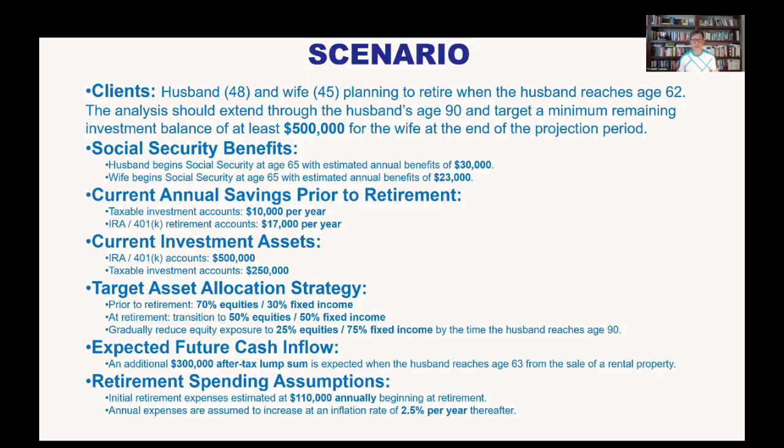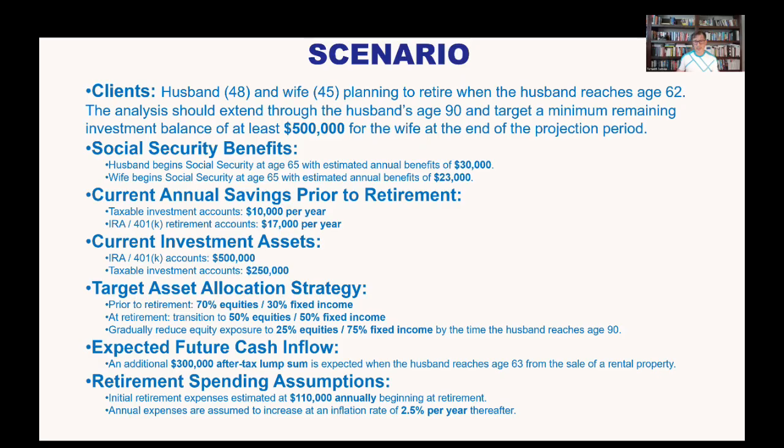And they're doing 17K per year into IRA 401K type accounts. Again, these are usually tax deferred. They can be if they're qualified, but not necessarily. And as far as their current assets, they have 500K in the IRA 401K accounts, and 250K in the taxable investment accounts.